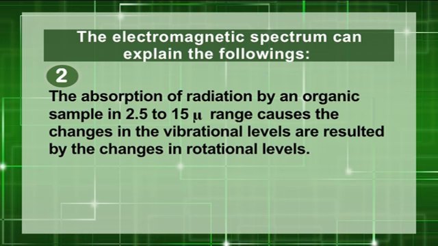The absorption of radiation by an organic sample in the 2.5 to 15 micron range causes changes in the vibrational levels or results in changes in rotational levels. Thus, certain bands appear which characteristically absorb for the stretching vibrations and are very useful in structure determination.